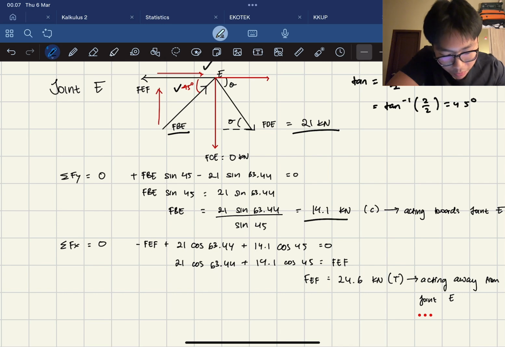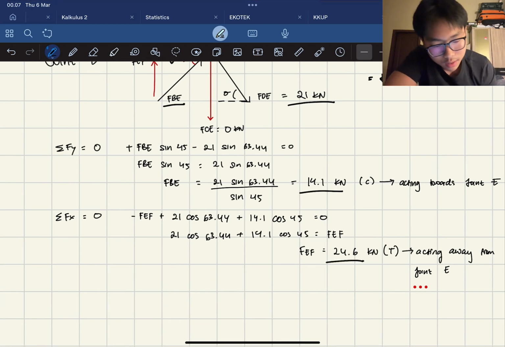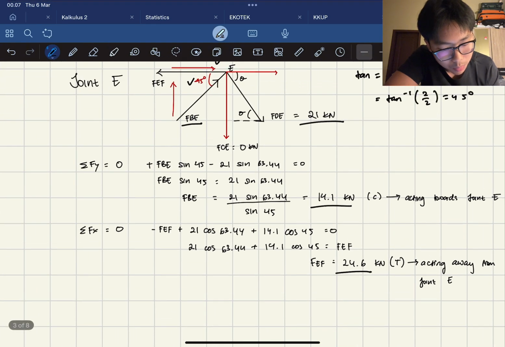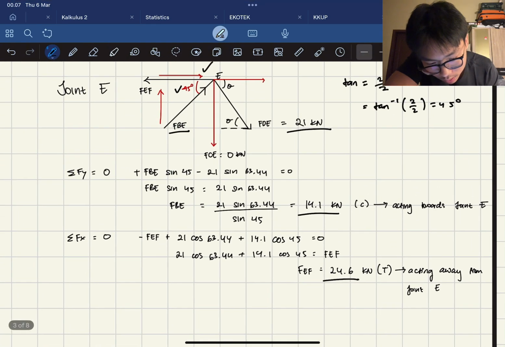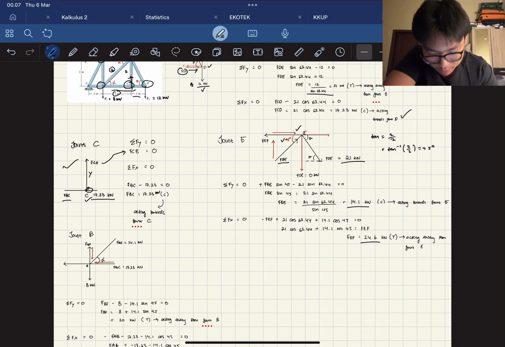Then we move FEF to the other side and the answer would be 24.6 kN, and the state would be tension because FEF is moving away from joint E.